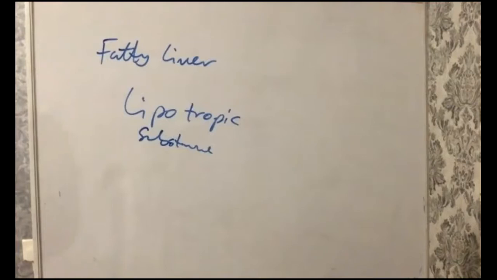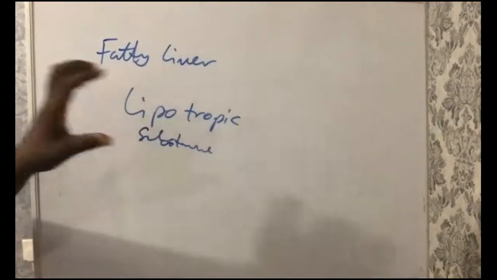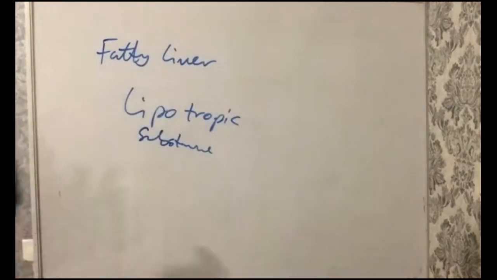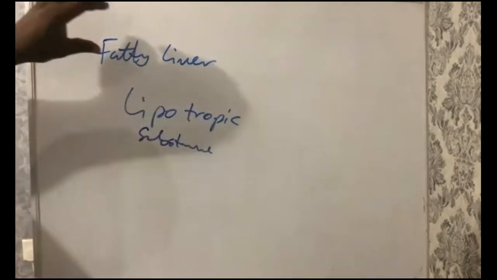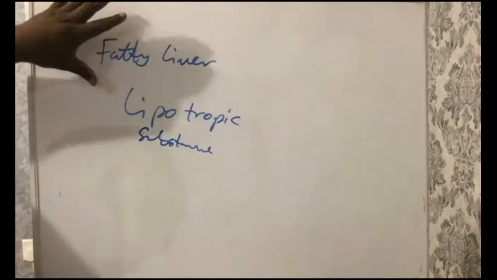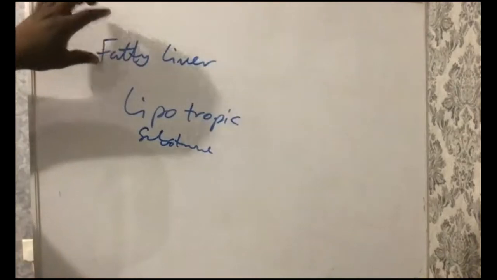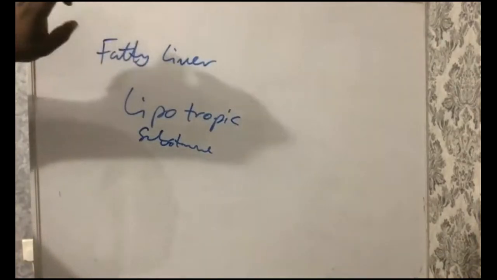What I'm saying is that our body will use different mechanisms to produce various forms of fatty acids, right? And the liver has to protect itself from the deposition of fatty acid and fat.